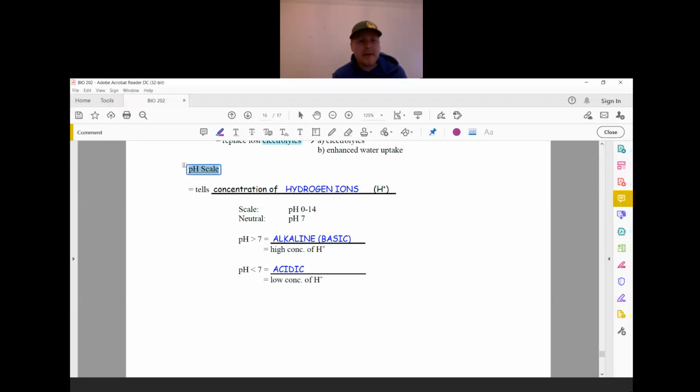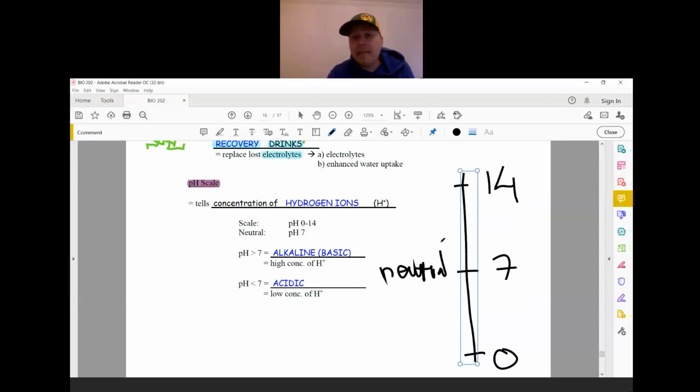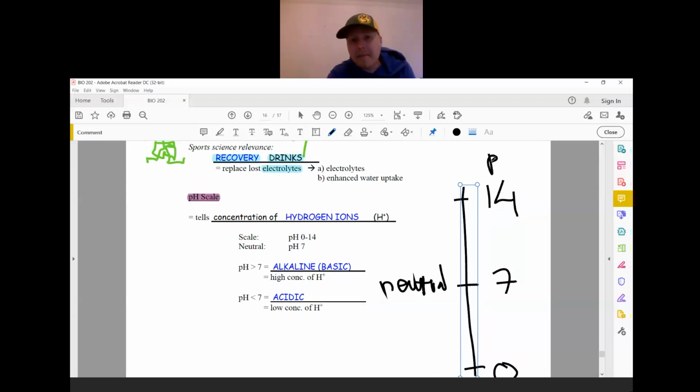So really, we remember that the pH scale ran from 0 to 14. In the middle of it, we had pH 7. pH 7 was neutral. And what the pH scale really tells us is the amount of hydrogen ions in a substance.